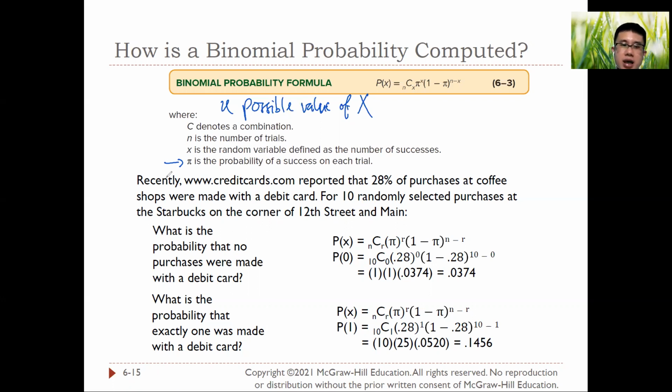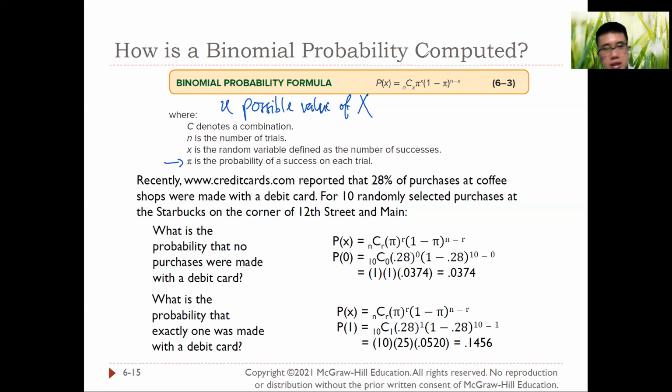They are different. Phi here is only the representation of the probability of success, and phi to the power of x times 1 minus phi to the power of n minus x. This is the general binomial probability formula.